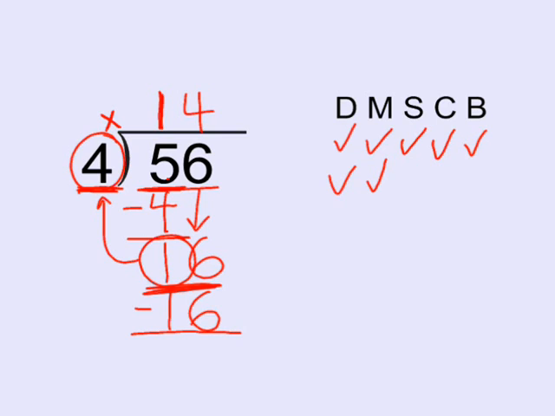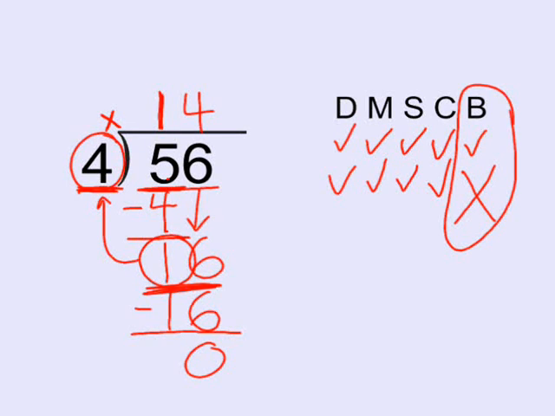Then I have to subtract. 16 minus 16 is 0. Then I have to check. 0 is less than 4, so I know it will work. Then I have to bring down. When there's nothing left to bring down, I can put an X here, which symbolizes that I finished with my problem. But I should always check my work.